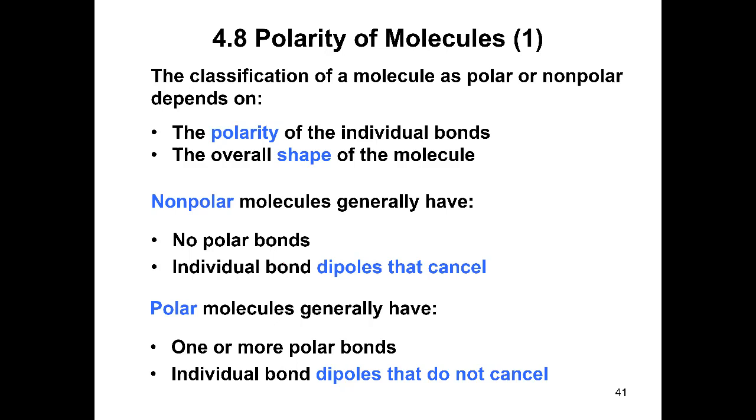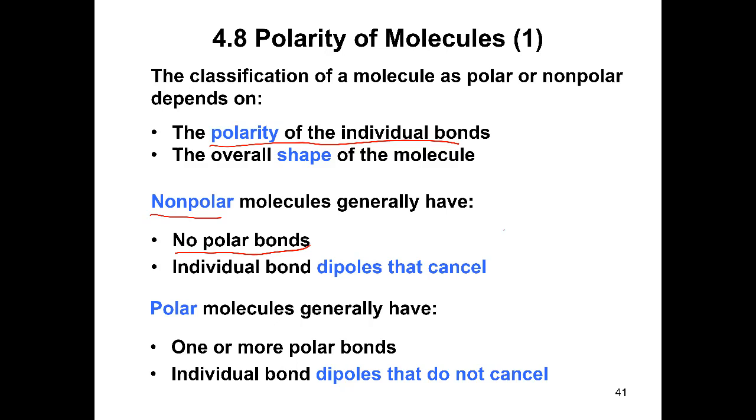Okay, so if we have a polar bond, that is a partially negative end, partially positive end of a bond, then we can have a polar molecule. And the polarity of these individual bonds is going to define the shape of the molecule. Nonpolar molecules will have no polar bonds, or they'll have dipoles that cancel each other out.